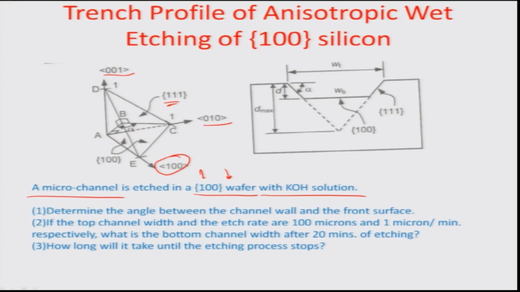It is about how this direction would be in comparison to this direction here. The 111 plane is perpendicular to the 111 direction, and the 100 plane is perpendicular to the 100 direction. So, it is about a dot product of these two vectors, which would give you the effective angle formulated with respect to the principal 100 direction, which is the growth direction of the crystal in this particular case.